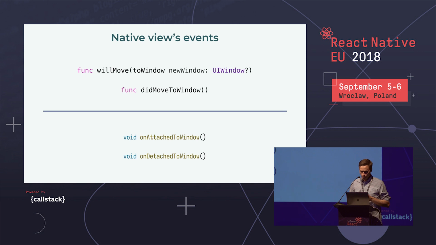Most views just ignore lifecycle because they can't really do anything about it, but some views can optimize for being unmounted. For example, when we have a map view that displays user location. We set an attribute, track user location, and then what the view does is it starts requesting location change notifications, right?